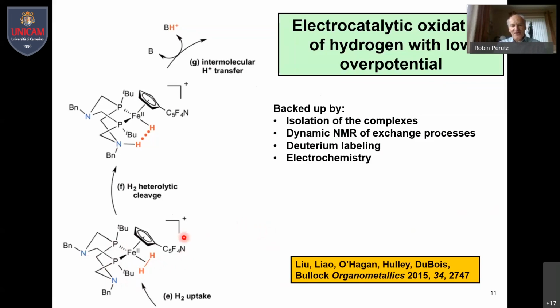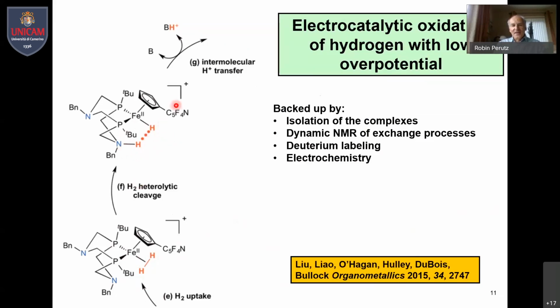And what happens next is that the HH bond cleaves to form an iron hydride and an NH. So it cleaves heterolytically, but what remains is that interaction between the H minus on the iron and the H delta plus on the NH, the dihydrogen bond. So that plays a critical part in catalysis.